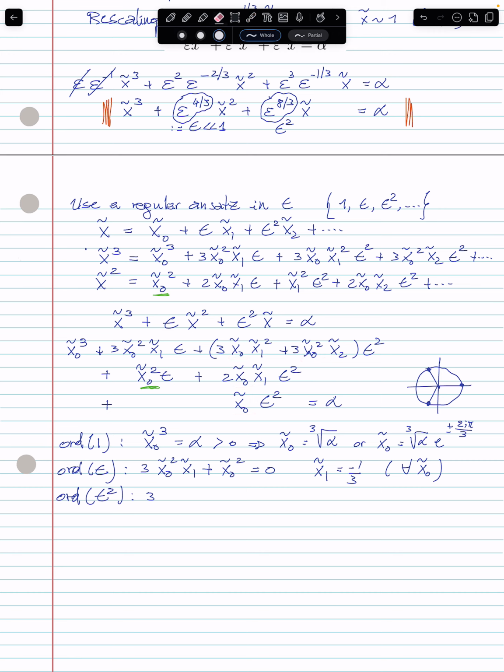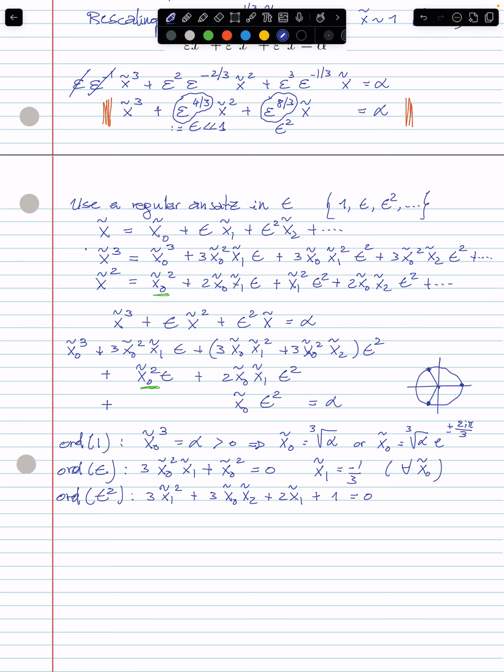So I'm gonna just simplify this out. So we have 3x1 squared plus 3x0 x2 plus 2x1 plus 1 is equal to 0.